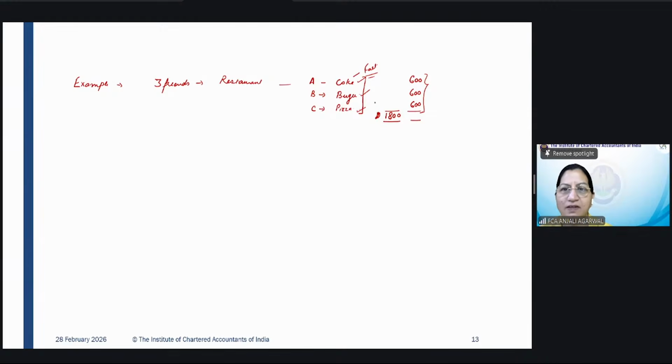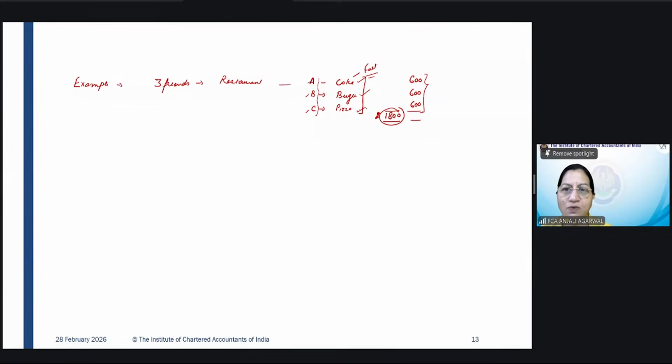So similarly, if there is a joint cost and it is to be split amongst some customers or some joint products which emerge out of the processing, there are some methods. No method will give you exact calculation.